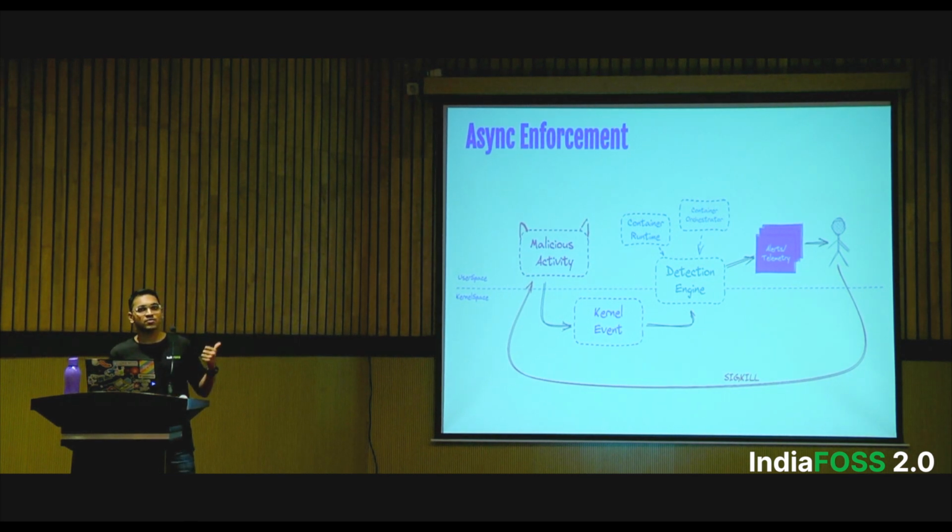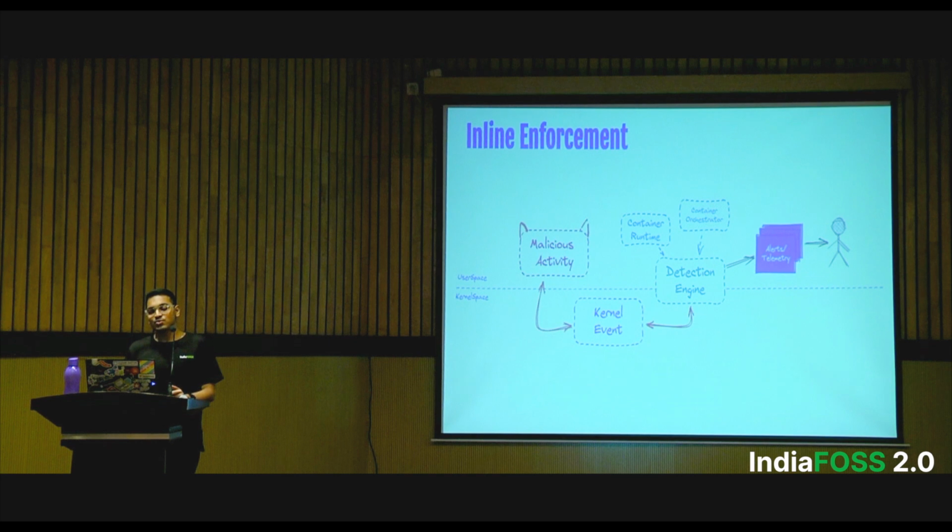This is asynchronous enforcement. But what if, as soon as we detect it, we issue a denial for that activity in the kernel space itself? That would be great, because as soon as the malicious activity tries to spawn, we kill it there and then itself.